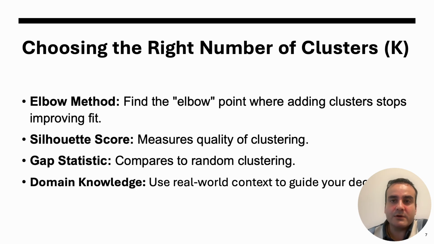Sometimes the correct number of groups is obvious from business needs or engineering requirements, even if the statistical scores are ambiguous. Often, it's best to combine multiple methods, start with elbow and silhouette, but confirm with domain expertise.